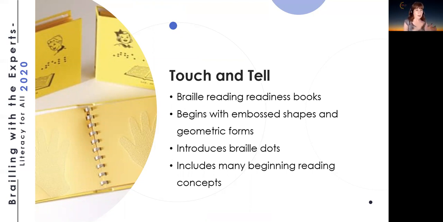It begins with actually embossed hands for them to put their hands on and to feel around and feel the fingers and things like that. It moves into embossed shapes and geometric forms. It does introduce Braille dots towards the end. It has a lot of those beginning reading concepts, you know, top of the page, bottom of the page, counting, large, small, things like that.